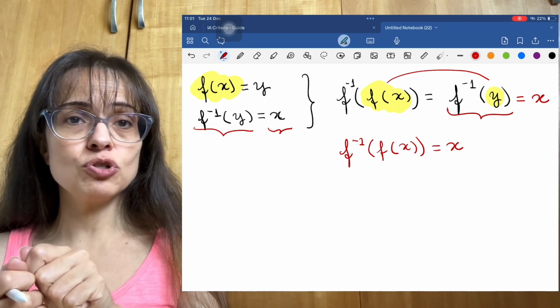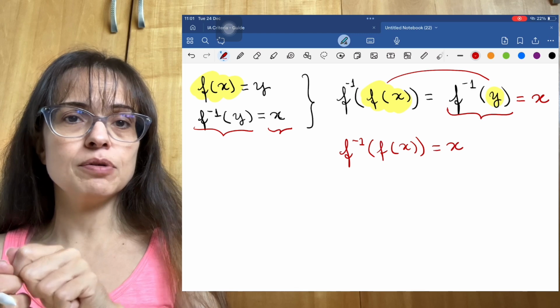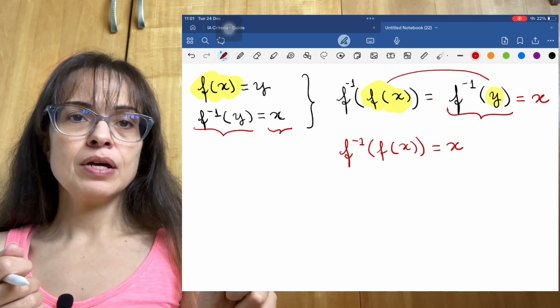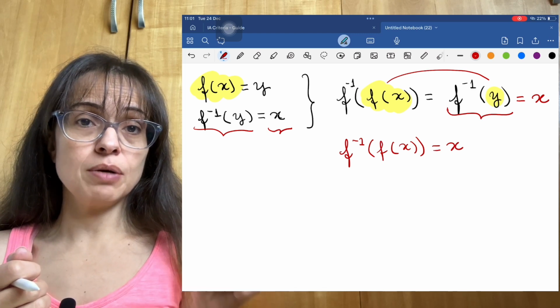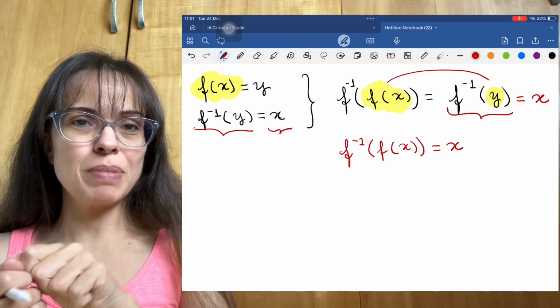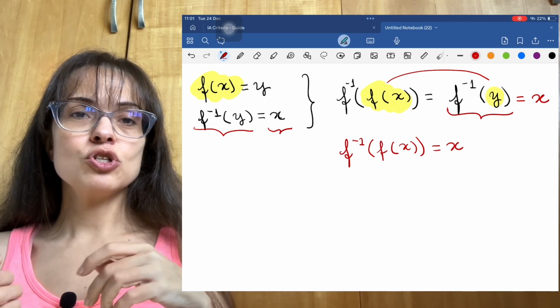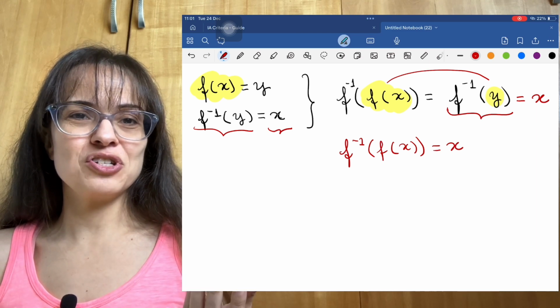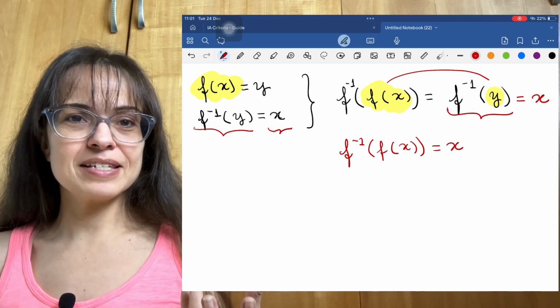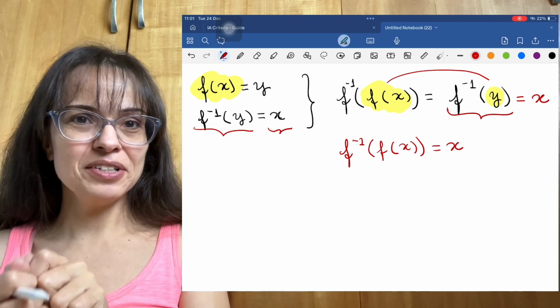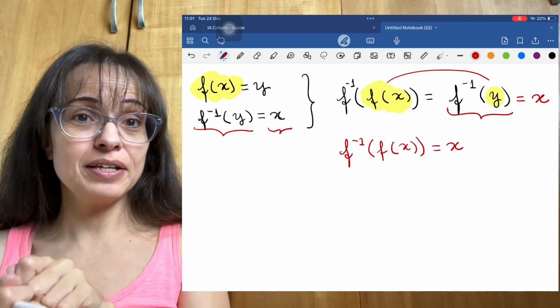Whatever the function originally was doing, taking this number into that number, the inverse function is coming the other way around. It's coming back to the original number. So of course the composite function is just going to be x, because it's from where I started, a number x, that's exactly where I came back to.